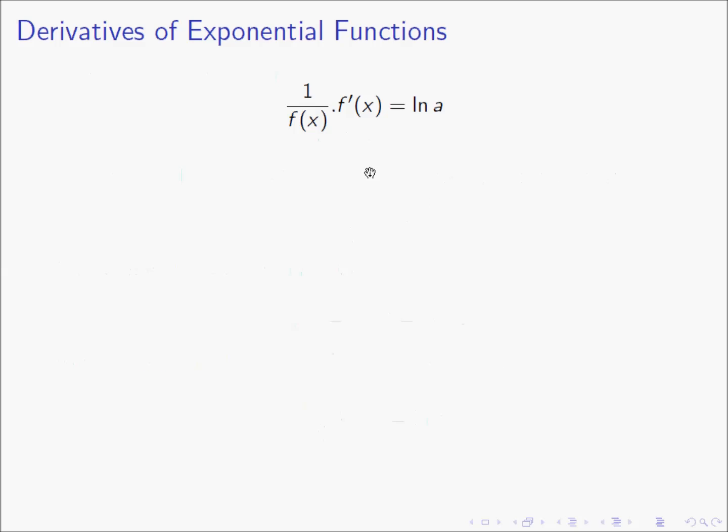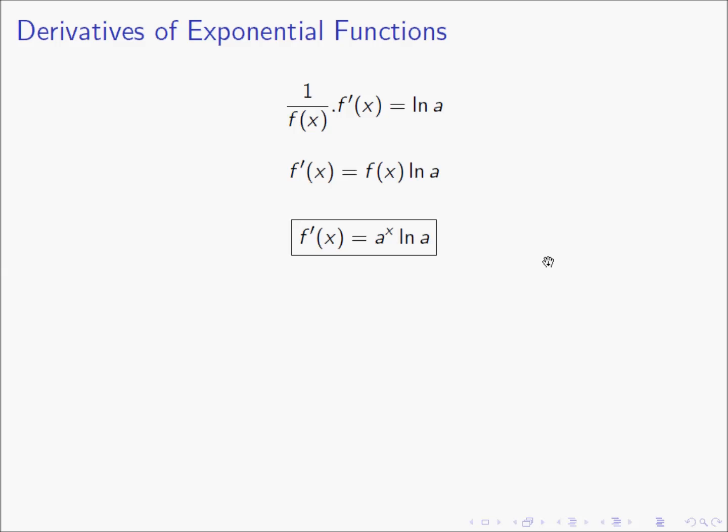So we have this equation, and here we can solve for f prime of x. If we multiply both sides by f of x, we have that f prime of x equals f of x times the natural log of a. But hey, f of x is a to the x. So we have that the derivative of a to the x equals a to the x times the natural log of a.